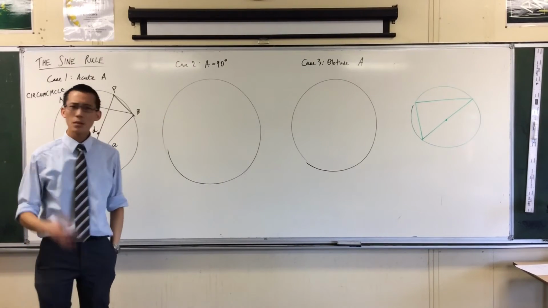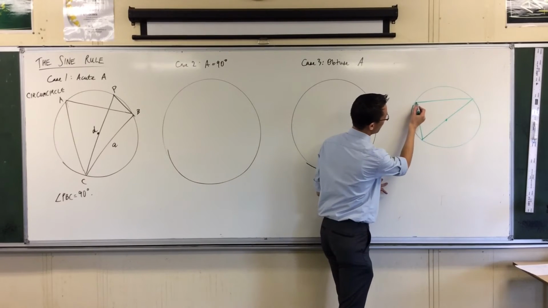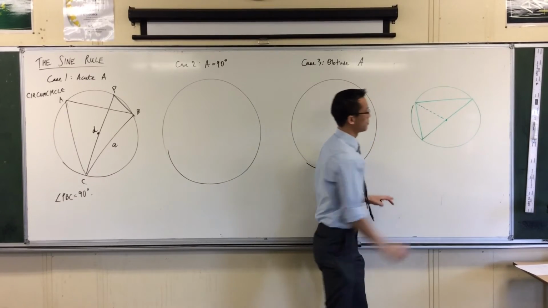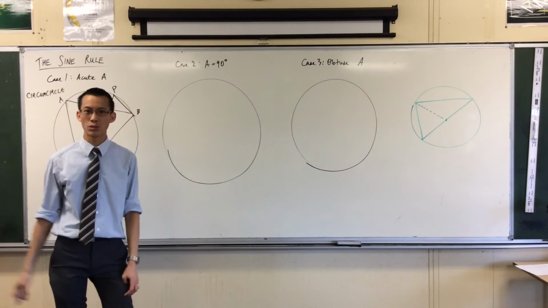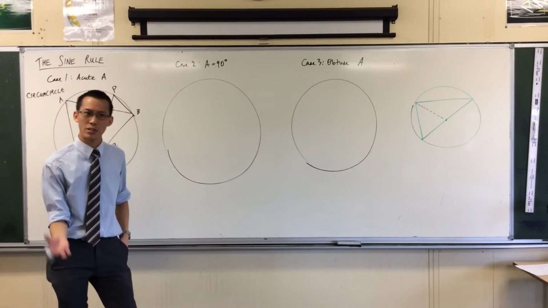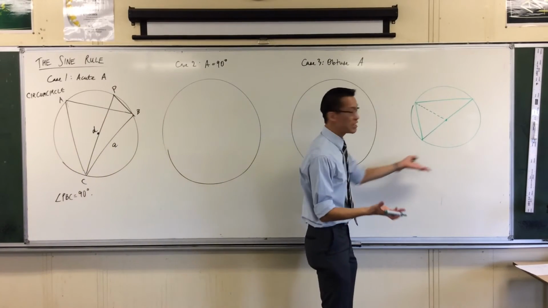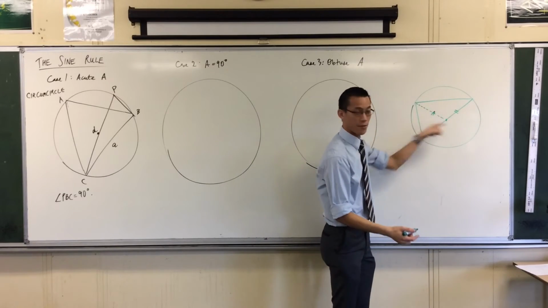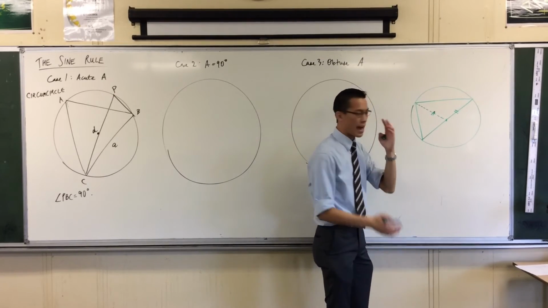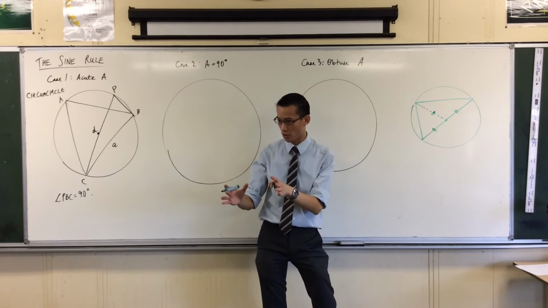Now, because this is a circle, if I join this line up here, I've made two triangles, and both of those triangles are isosceles. Can you see why they're isosceles? Yeah, radius. Because I have all of these radii flying around, I've got this side being equal to this side, so I have an isosceles triangle up there, and I have a different isosceles triangle down here. So far so good.